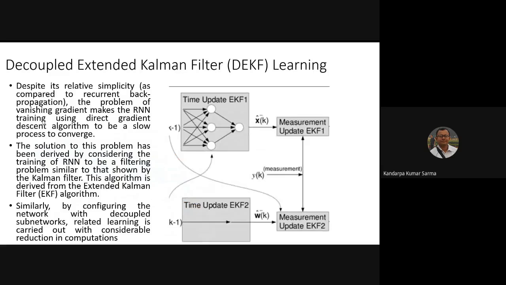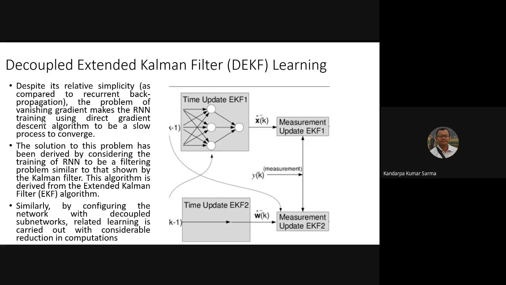Then there is one more training method called the decoupled extended Kalman filter. Now, in this particular method, you shall find that the RNN is considered to be formed by a number of Kalman filters coexisting in a decoupled form, not linked form, and each of the Kalman filters is trained separately, yet later on combined to generate the response.